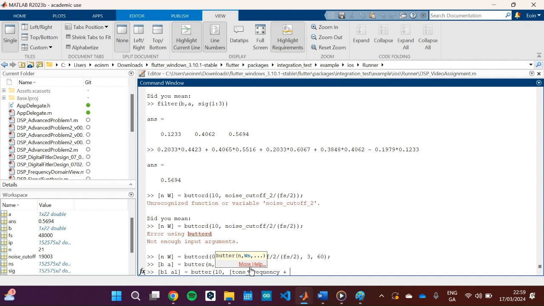And I'll put the passband, say tone frequency plus 50 and tone frequency minus 50. So yeah, 100 hertz band, and that'll be divided by the sampling frequency over 2 again to normalize the frequency, and that's going to be a stop band filter.